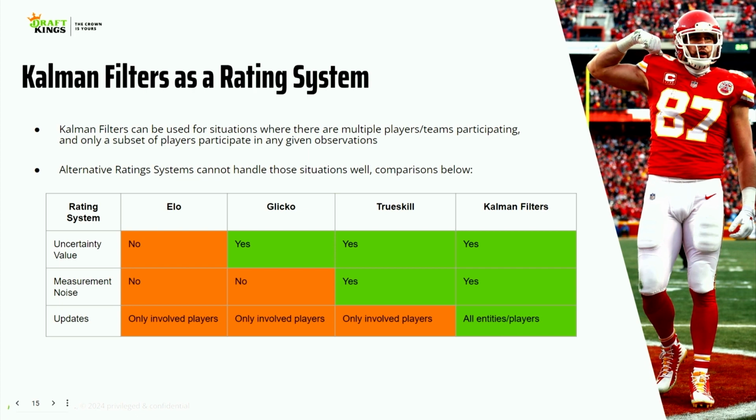Kalman filters maintain a covariance matrix across all of the objects involved, and they won't only re-rate just the objects involved in any measurement. For all alternatives here, that is actually the case.